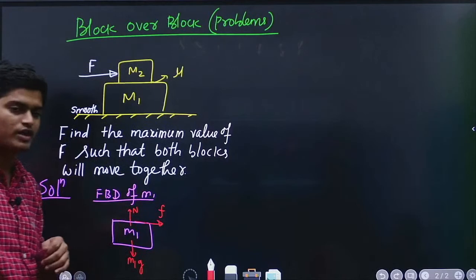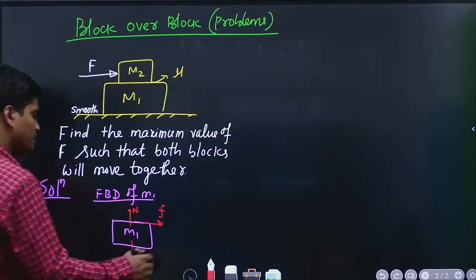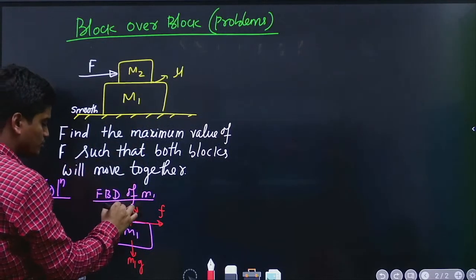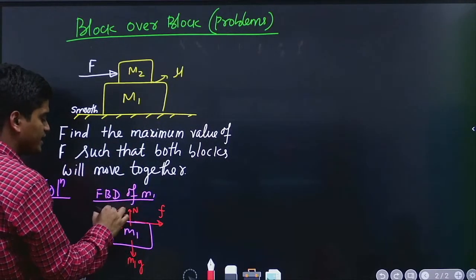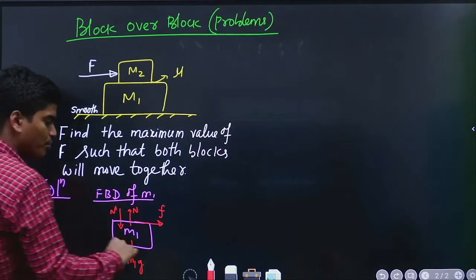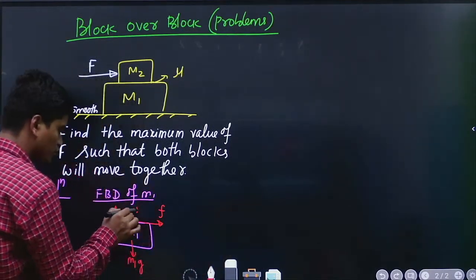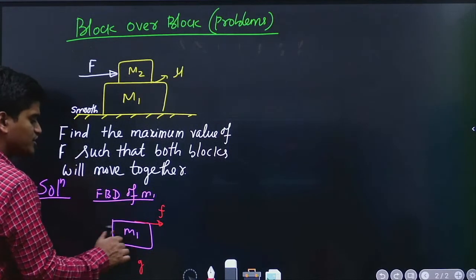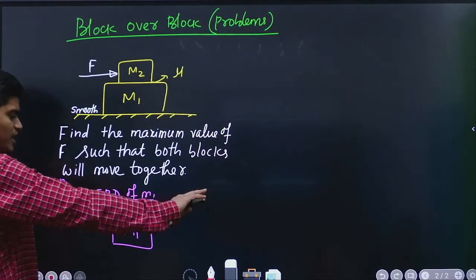There is also another normal reaction on M1 due to M2, but we will not talk about that one. Just omit these vertical forces and understand only the horizontal direction.